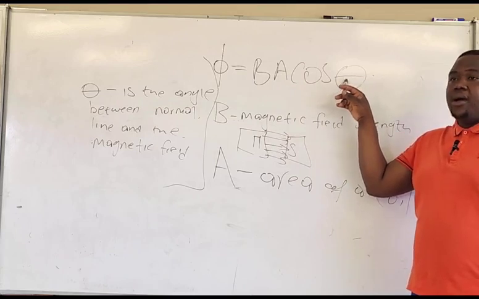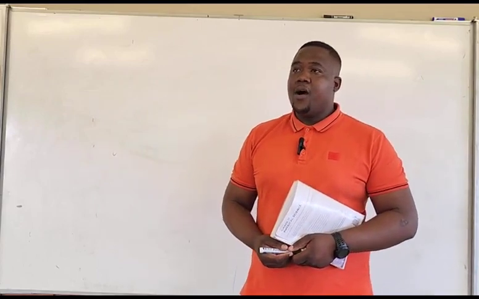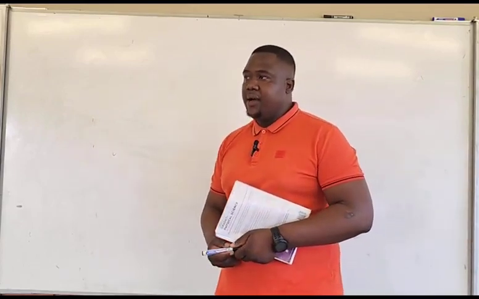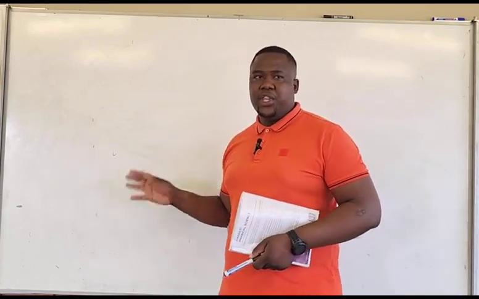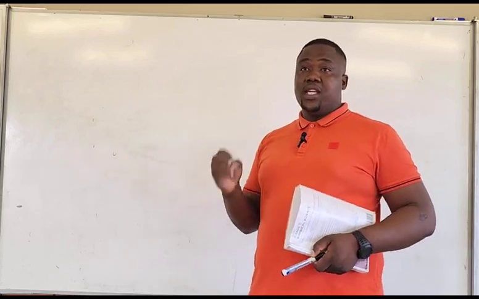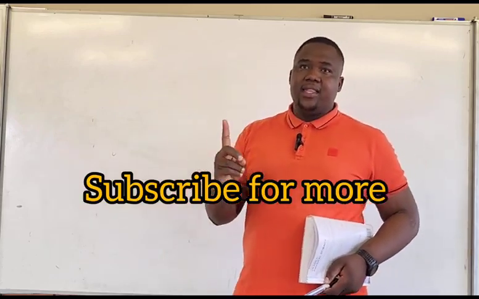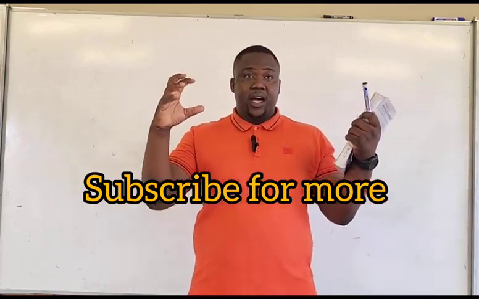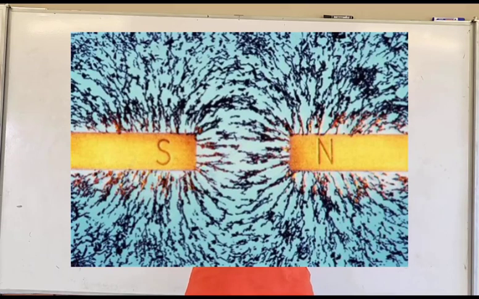Before I talk much more about theta, I will explain it afterwards, and then we will be done. Theta, I repeat, is the angle between the normal line and the magnetic field, which is represented by those lines between two magnets, north and south.